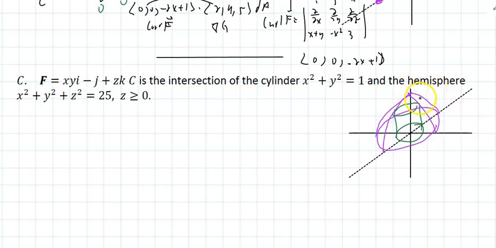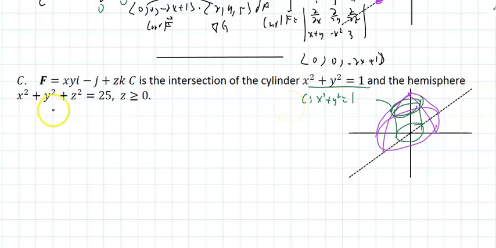It's the intersection of the two. And wouldn't the intersection actually be that circular part? So that is C. C is actually going to be bound by this: x squared plus y squared equals 1.